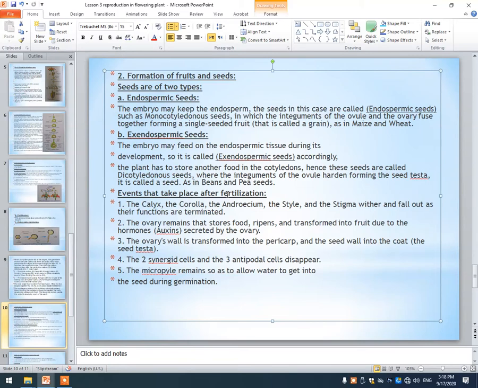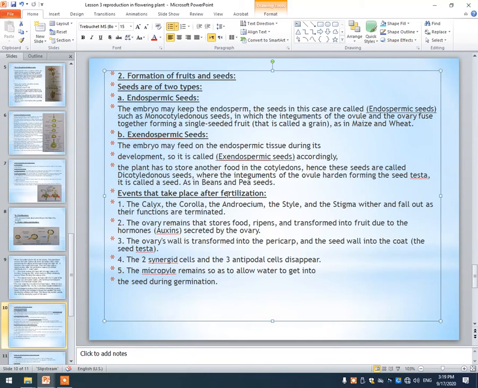This is called a grain. Exendospermic seeds: the embryo may feed on the endosperm tissue during its development, so they are called exendospermic seeds. The plant has to store food in the cotyledons, hence these are dicot seeds, where the integuments of the ovule harden, forming the seed testa, as in bean and pea seeds.